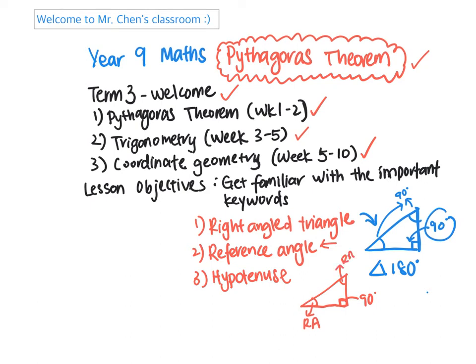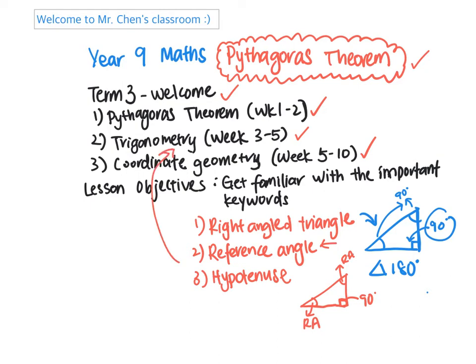Reference angle is very important because down the track, let's say you're trying to build a bridge, you've got the length and the width, and you need a reference angle, which you are able to find by using trigonometry.